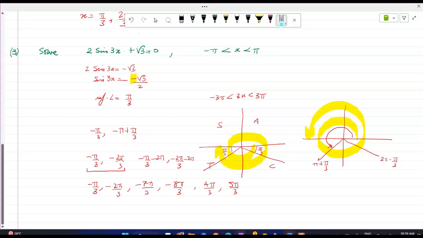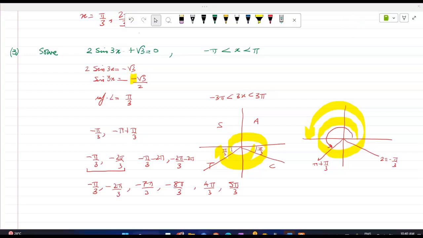So to this solution, I'll subtract 2 pi. So 3 2s are 6, 7, 8. That's your 8 pi by 3, minus 8 pi by 3. Understood. Because it's minus 2 pi by 3 and minus 2 pi. I had one less.